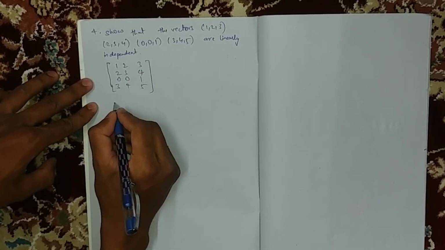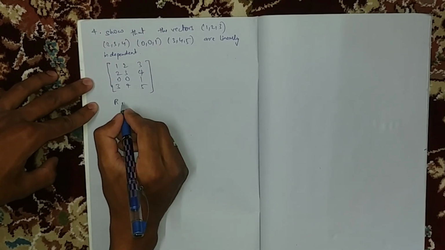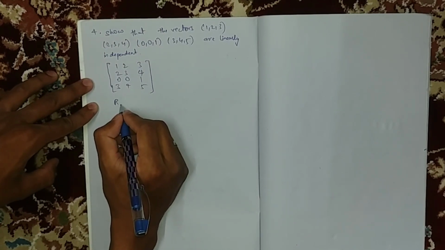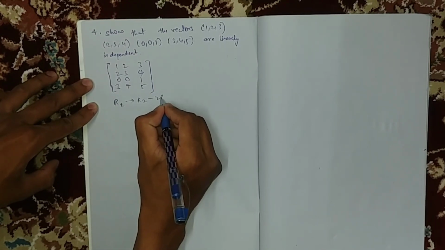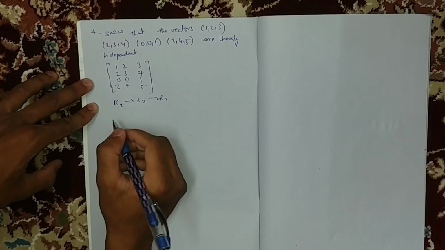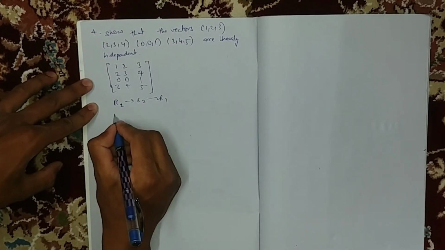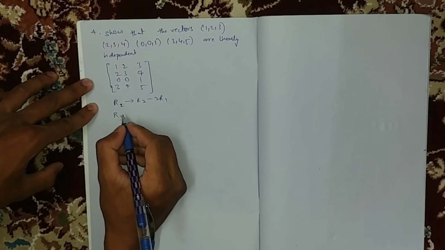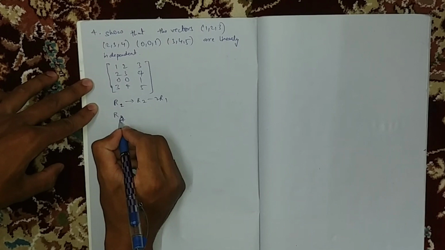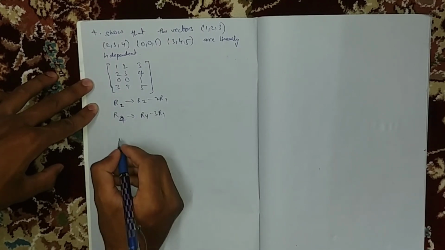Now we solve it using rank. So R2 becomes R2 minus 2R1. As R3 has 0, we don't use this operation for R3. For R4 we use R4 minus 3R1.